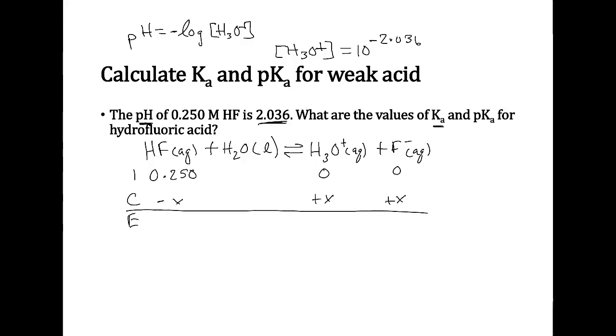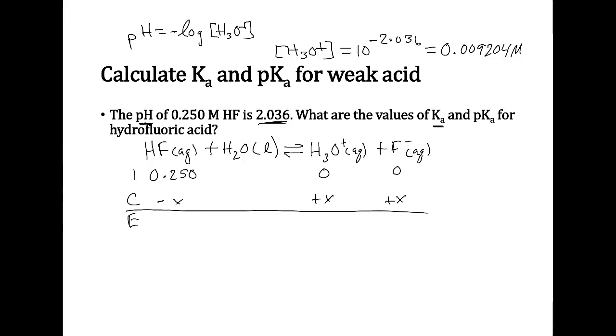And we find that this concentration is 0.009204 molar. Okay, so now that we know the concentration of the hydronium ion, that means we know what X is.